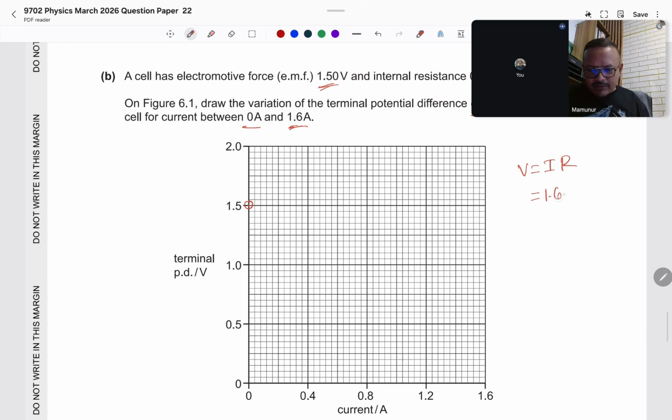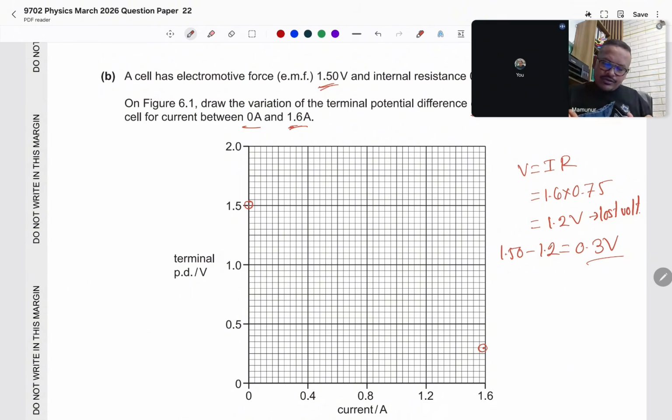So I is 1.6 into R is 0.75, and we are getting 1.2 volt, which is the lost volt. So what is the terminal PD then? Terminal PD is 1.50 minus 1.2 equals 0.3 volt. So when the current is 1.6, 0.3 volt is the terminal PD. 0.3 is here.